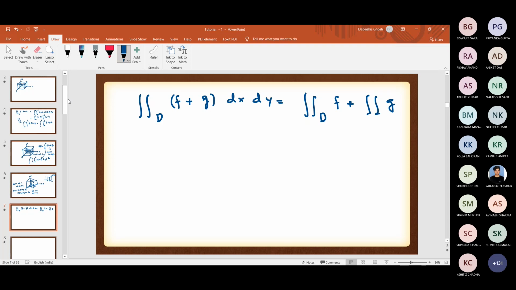This will hold. We also have constant multiplication: the integration over D of c times f dx dy comes to c times the integration over D of f dx dy.